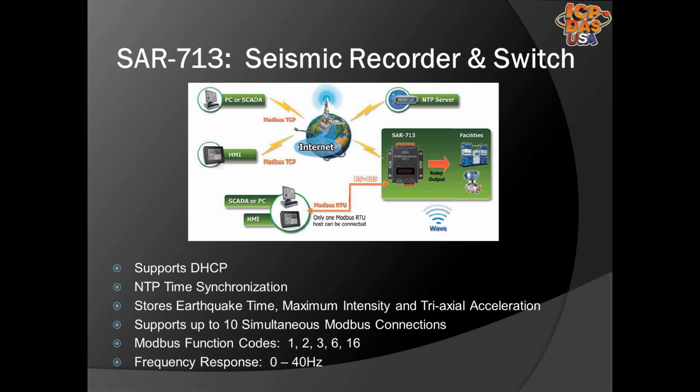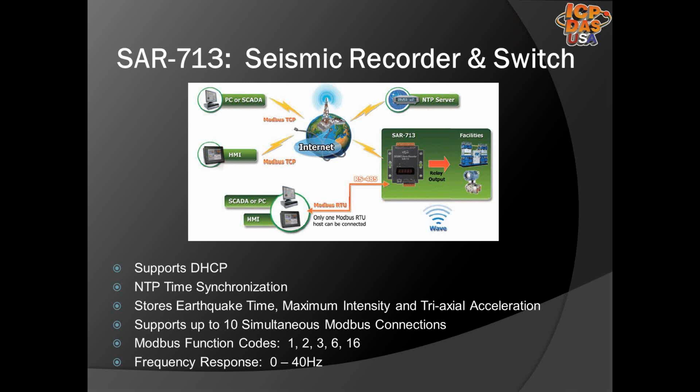SAR-713 is a seismic alarm recorder with metal casing and is communicable over Modbus RTU and Modbus TCP. It supports operating temperatures between -25 to 75 degrees Celsius or -13 to 167 degrees Fahrenheit. It can be mounted outside in a control panel and is designed to survive in harsh conditions.